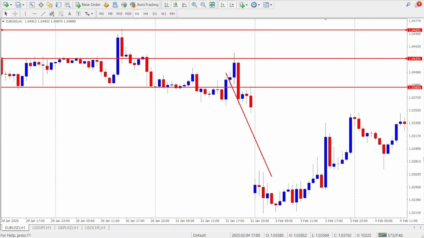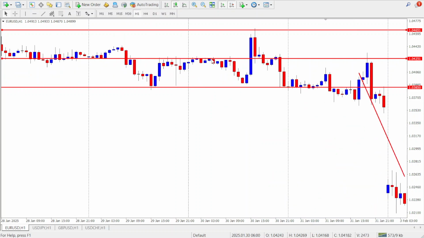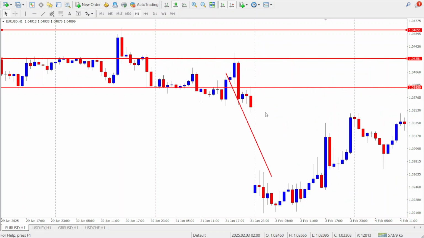A fake out happens when price pretends to break a key level, luring traders in only to reverse and move in the opposite direction. This happens because big players, market makers, institutions, and smart money know that most retail traders jump in on the first breakout they see.